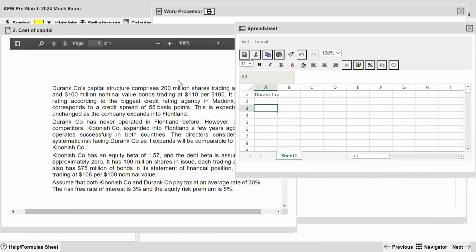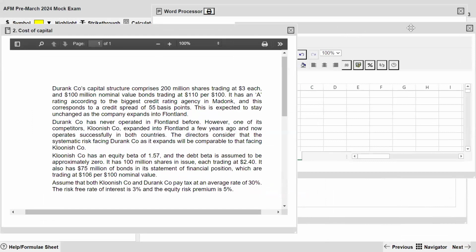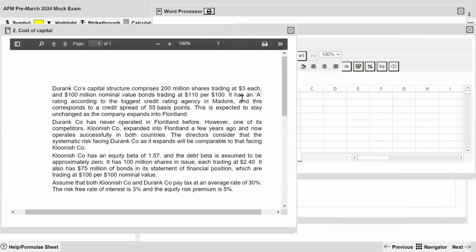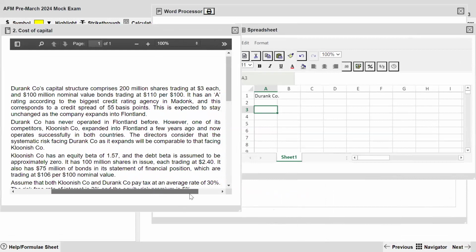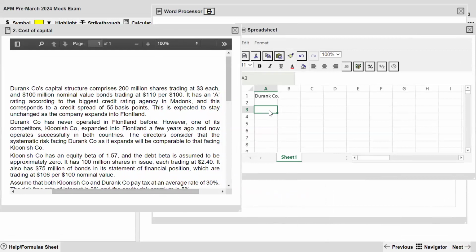The capital structure comprises of 200 million shares trading at $3 each. So number of shares, 200 million.